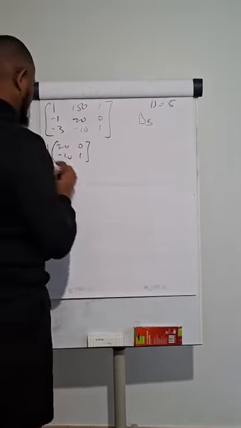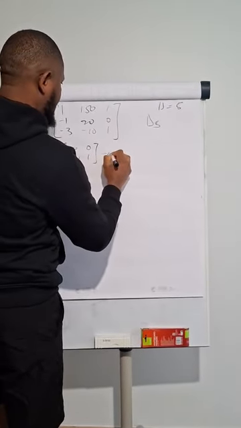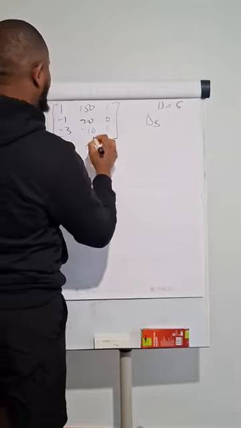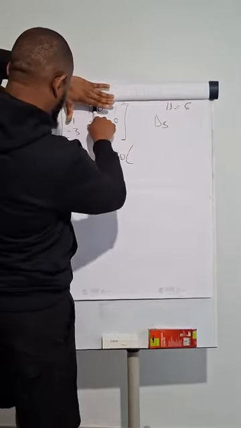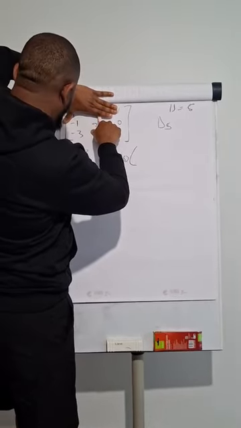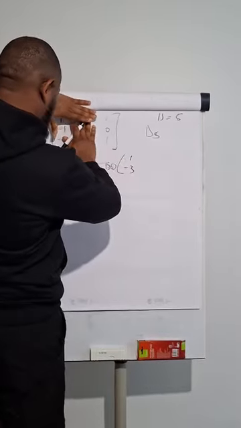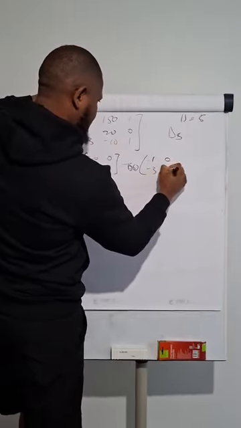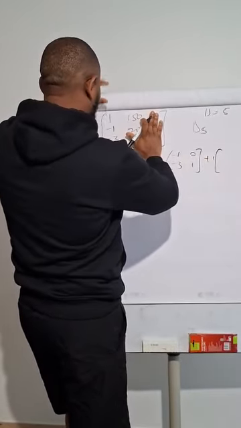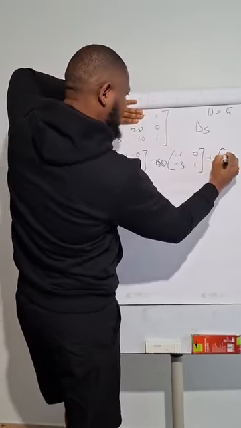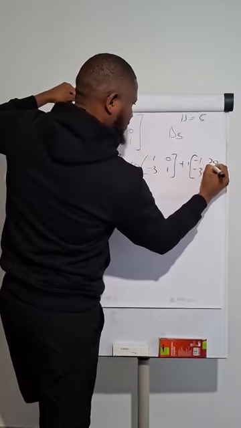The next one is minus 150, bracket open, we cover, leaving minus 1, minus 3, 0, 1. The next one is plus 1. We cover, leaving minus 1, minus 3, 20, minus 10.